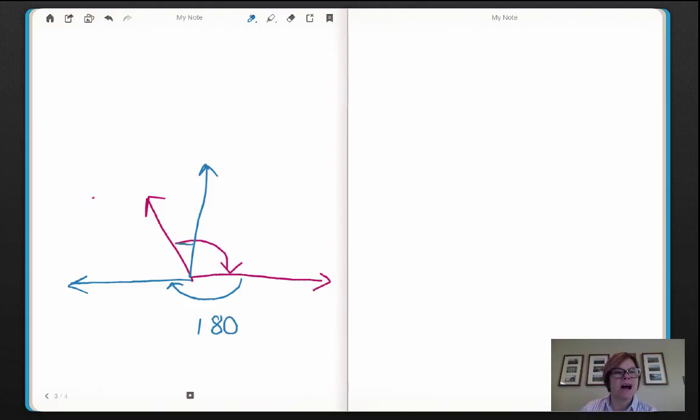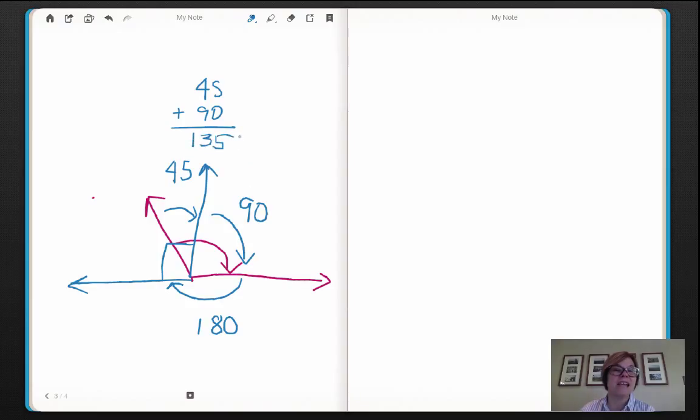Now, if I look and say, okay, what if this is about a 45-degree angle? Yes, this is a 90-degree angle here, okay, but it cuts it in half. So from here to here, I would have 45 degrees, and I know from here to here, I would have 90 degrees. So if I added 45 plus 90, that means I have a 135-degree angle.